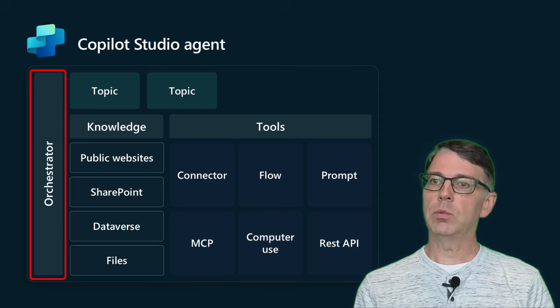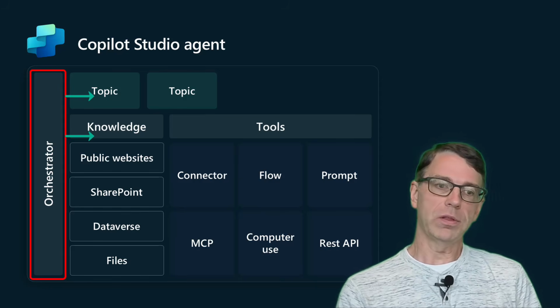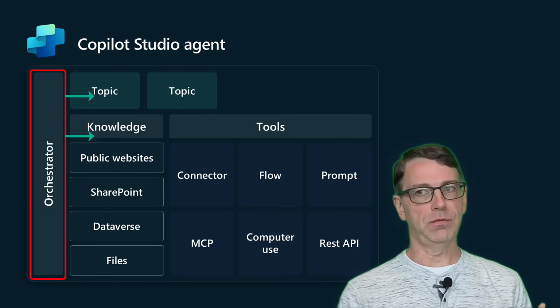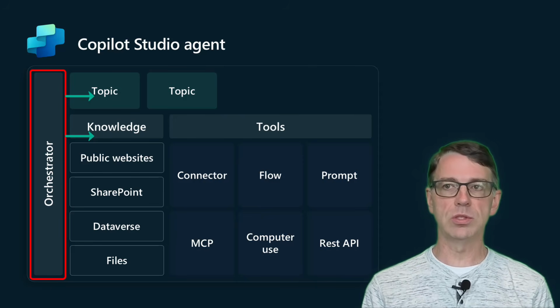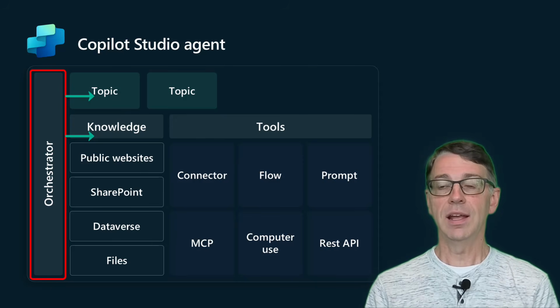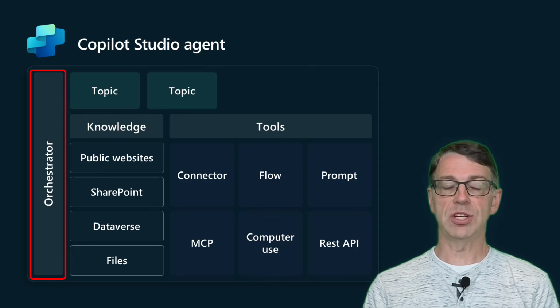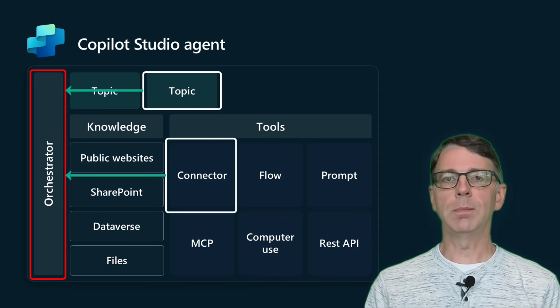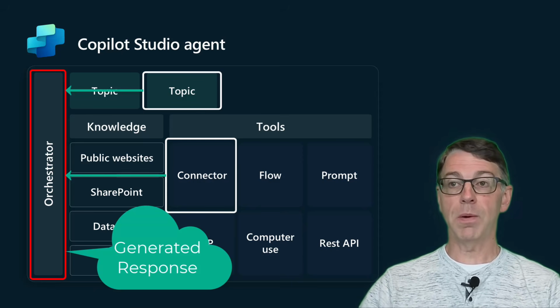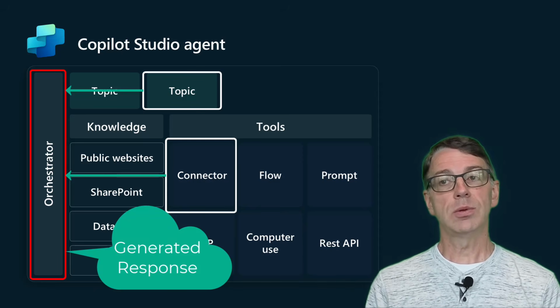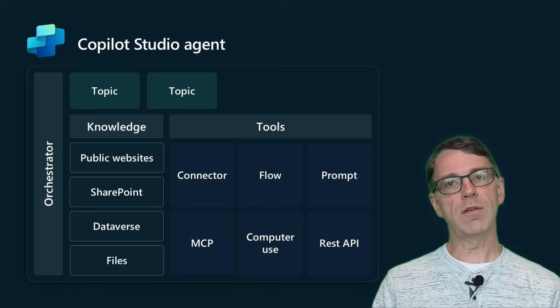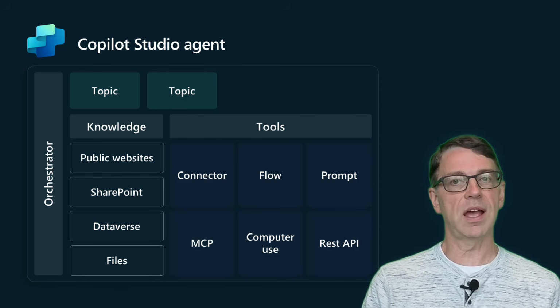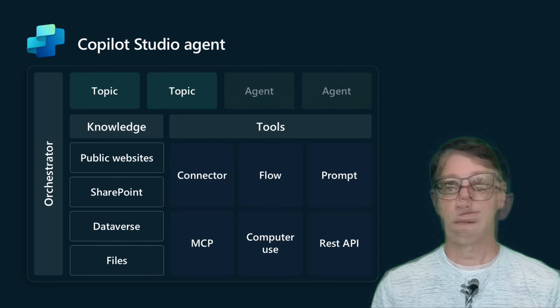And that plan will go and consume all the different topics and the different knowledge and tools that are available inside of the Copilot Studio agent. And with that, it can figure out how to assemble those and then generate a response back to the user. And so this is in general how the conversational orchestrator works inside of Copilot Studio.